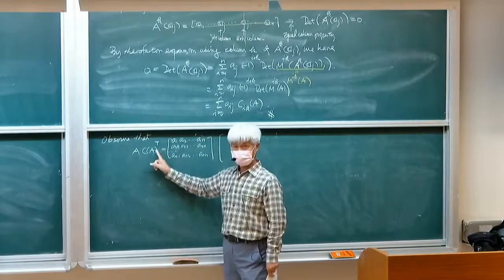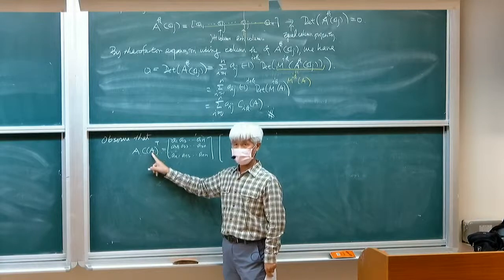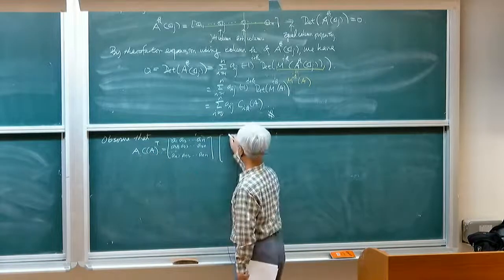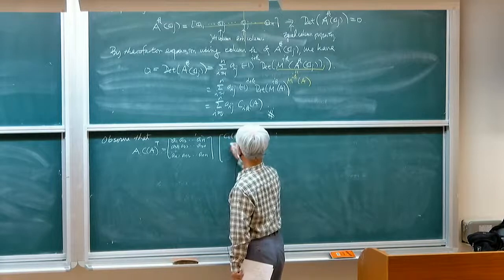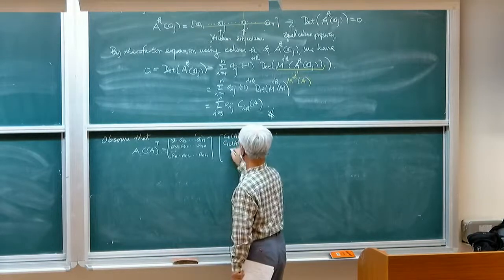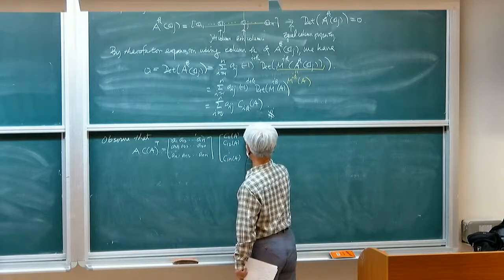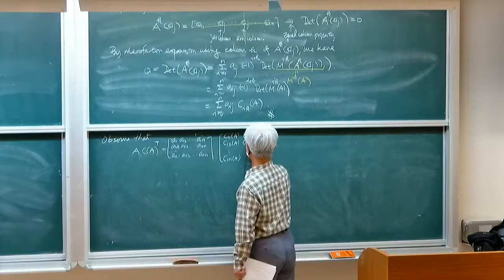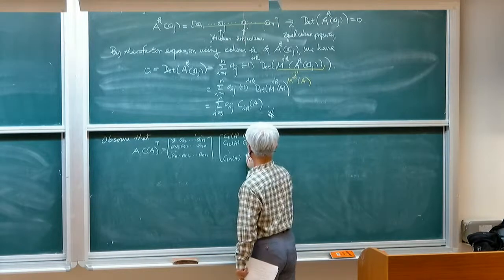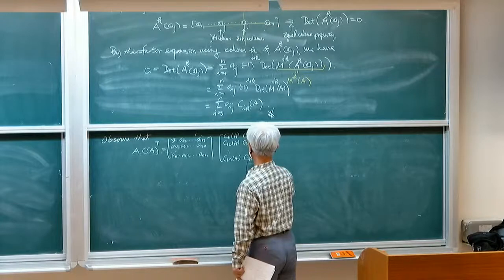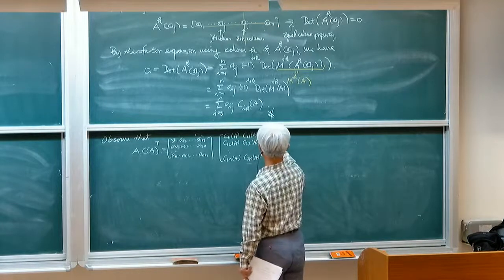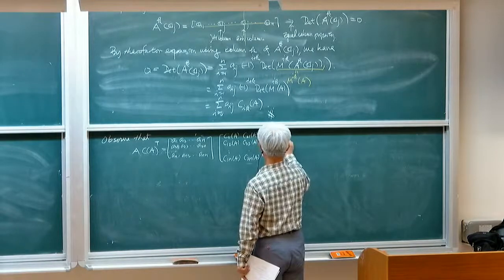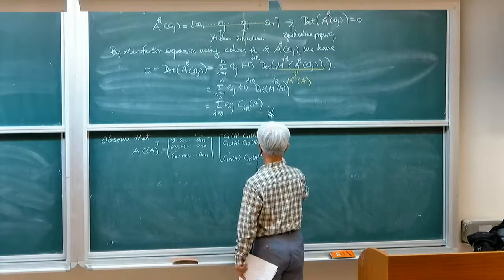And when you transpose the cofactor matrix of A, you have C11A, C12A, C1nA, C21A, C22A, up to C2nA, and Cn1A, Cn2A, CnnA.